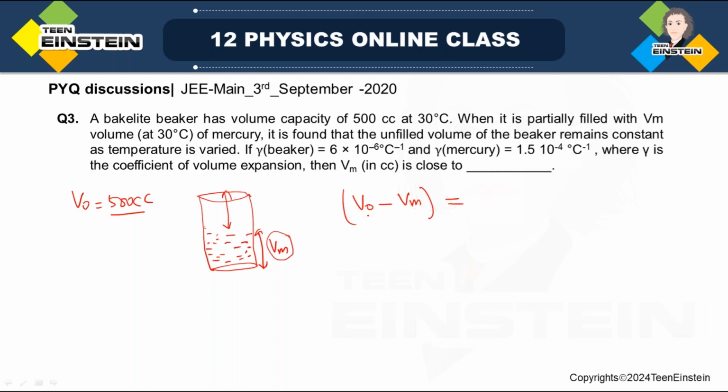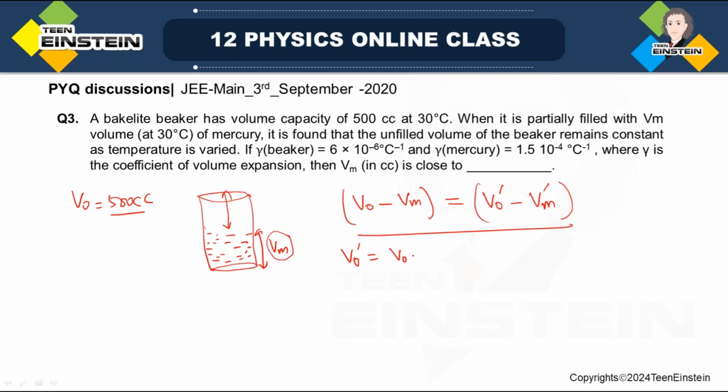Now when we increase the temperature, the original volume of the bakelite will change, and the volume of the mercury will also change because of thermal expansion. But it is said that the volume of the empty space does not change, it remains the same.